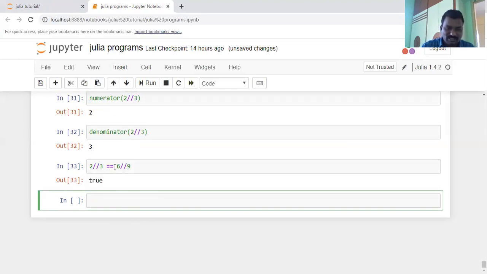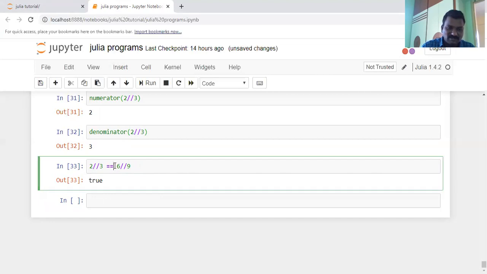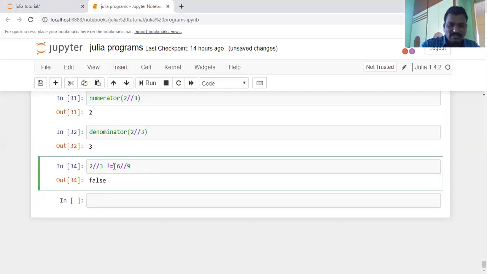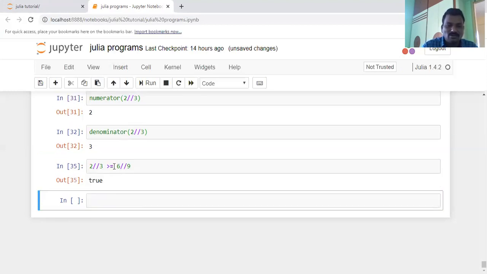Similarly, if you write a not equal to, it gives a false statement. For example, greater than or equal to gives a true statement, since the equal to condition is satisfied.